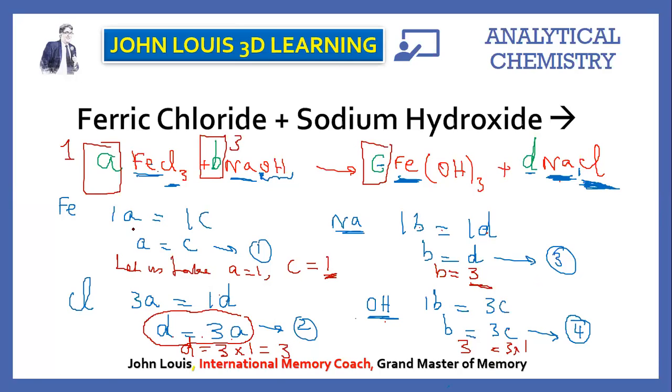Yes, sir. So when you assume A as 1, you get C as 1. If you come to the second equation, already you assumed A as 1. Therefore, D will be equal to 3 into 1, which is equal to 3. Got it? Yes, sir. Then the third equation, B is equal to D. Already you got D is 3, no? Therefore, B will be equal to D. And from this, you can easily substitute here. Then C is 1 and D is 3. Very easily you can balance it.